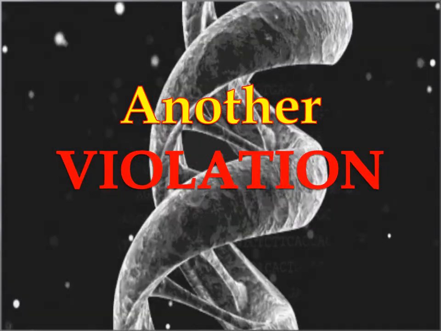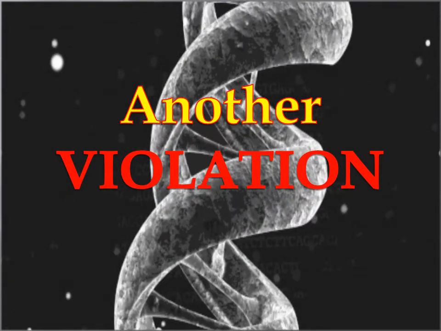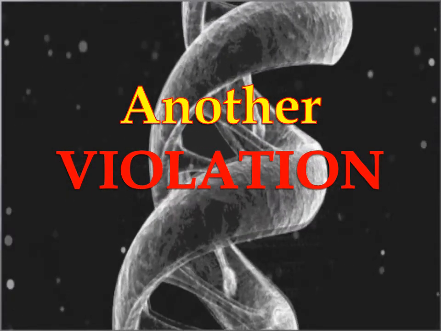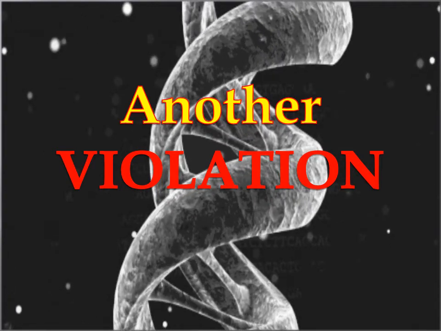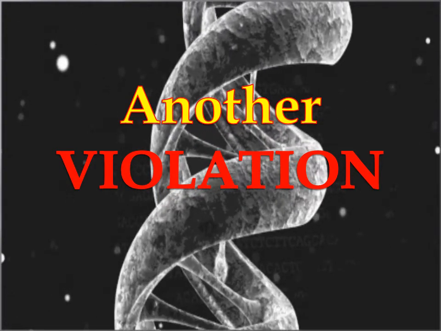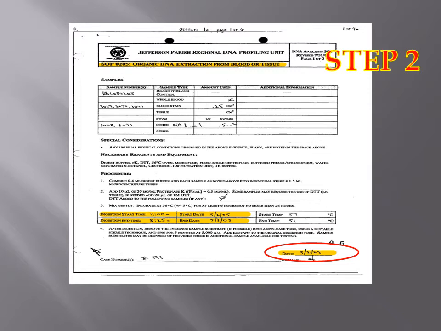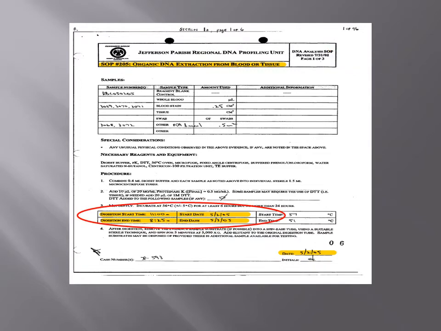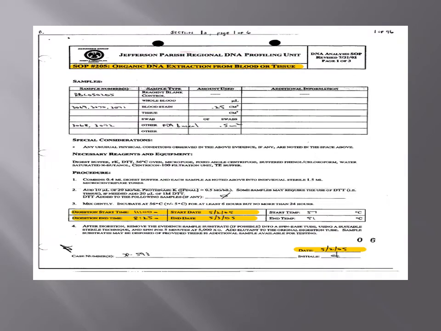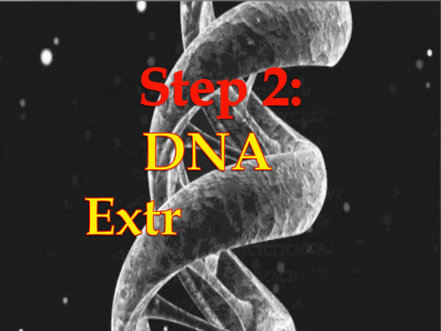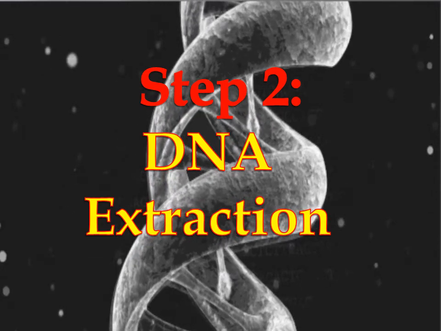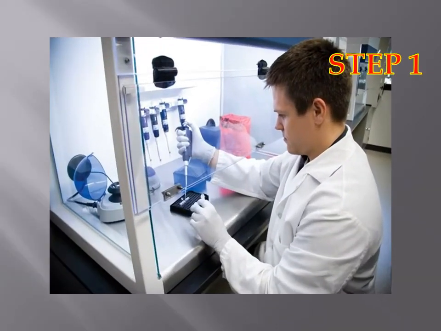Not only was this conducted on the same day, but it was conducted at the same time frame, another violation. Cyrus's clothing was improperly digested and handled against procedures with the DNA of all the victims on May 2nd, 2005 at 11 a.m. This step is recorded by date and time on 2 JPSO forms, SOP 205.